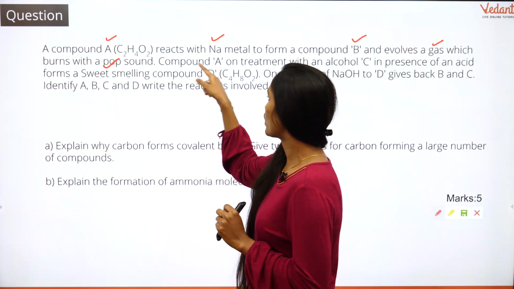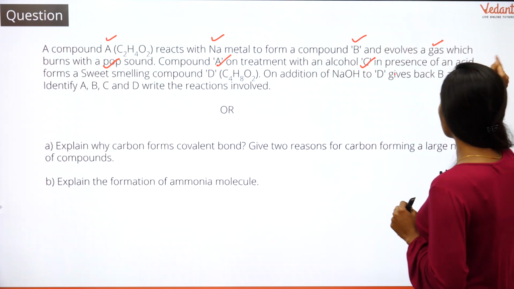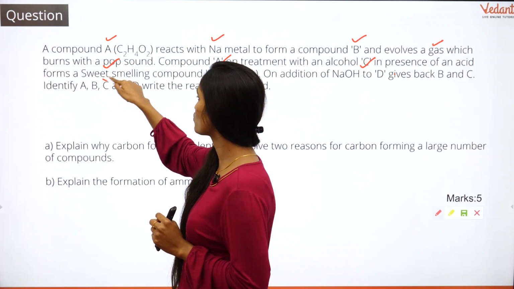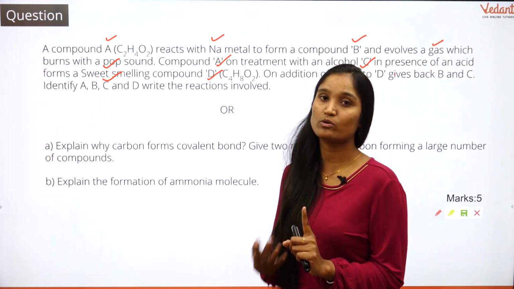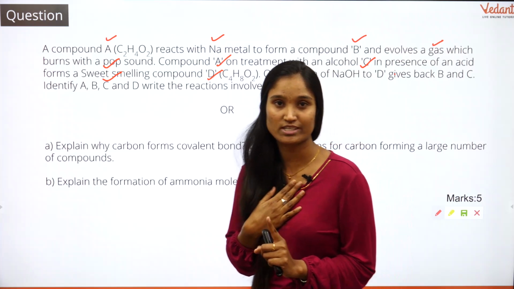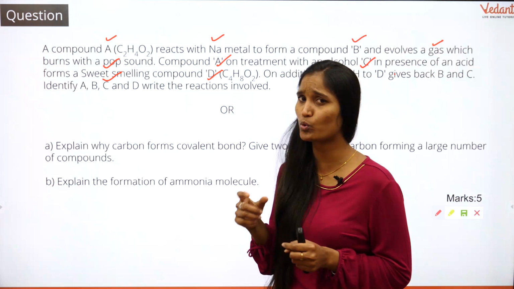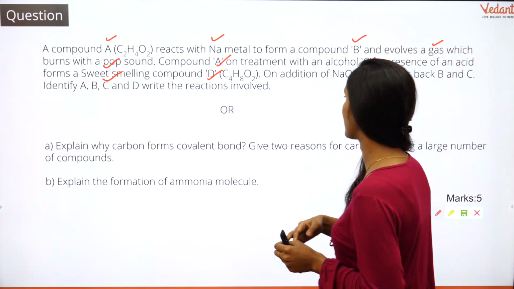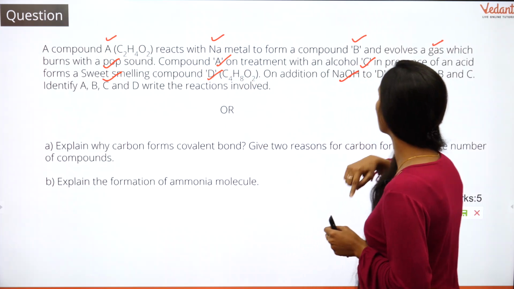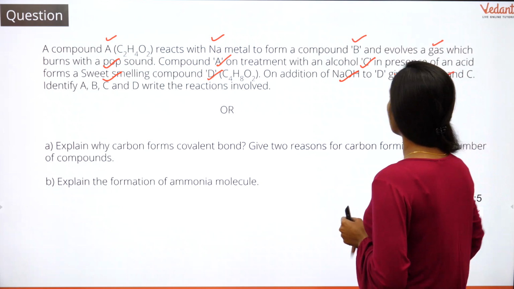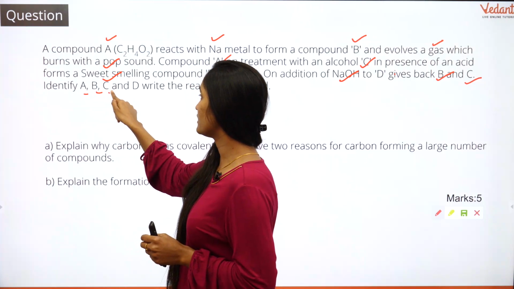Now, moving on, compound A on treatment with an alcohol C in the presence of an acid forms a sweet smelling compound D. The only sweet smelling compound that we study in our syllabus is what? Remember, it is a different functional group, and you get it when you react ethanol and ethanoic acid. On addition of NaOH to this sweet smelling compound D, it gives back B and C. So now you have to identify A, B, C and D.